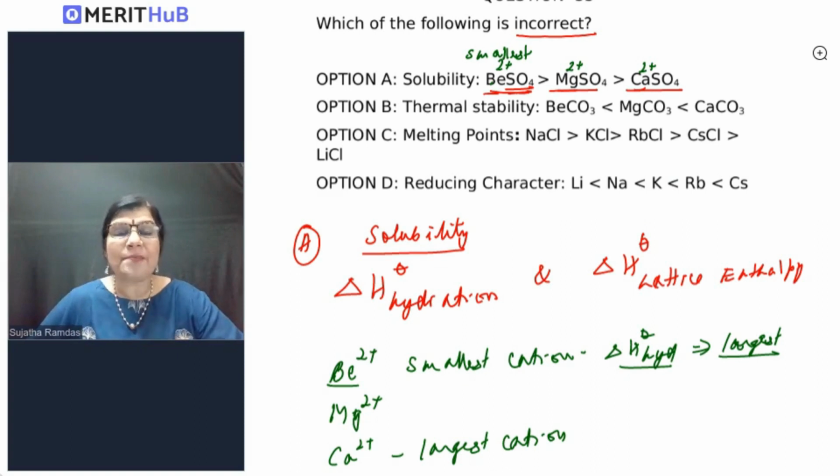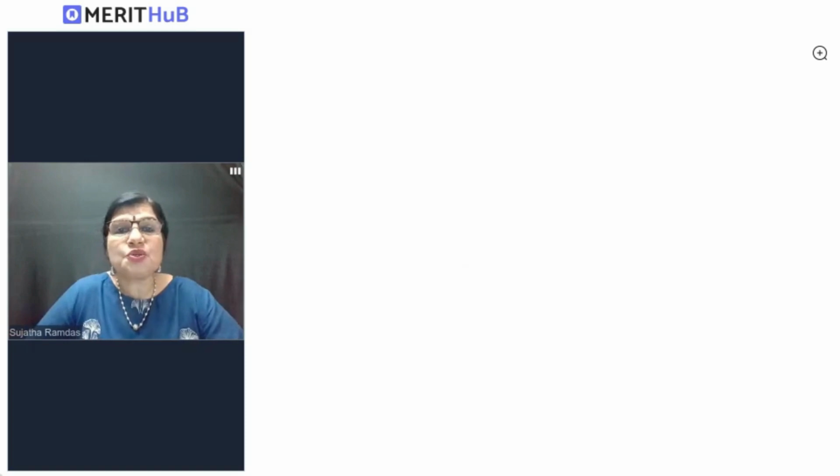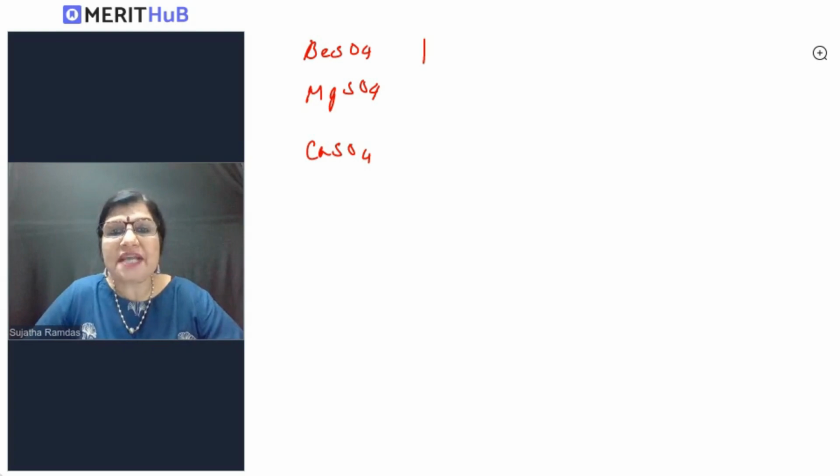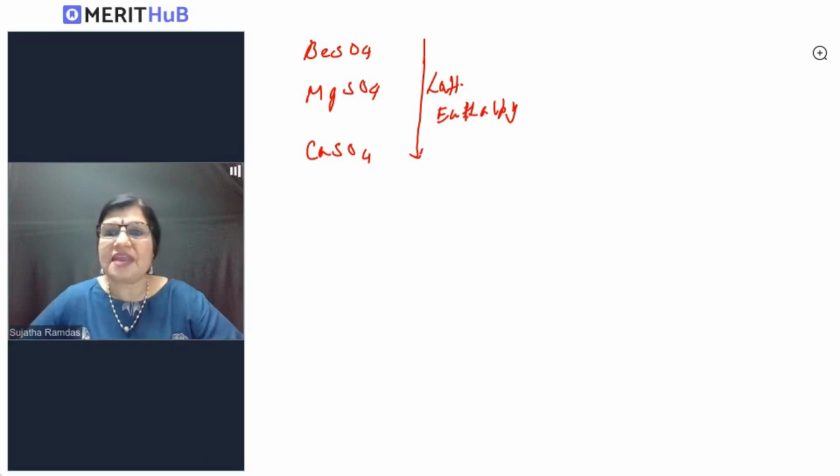As you move from beryllium sulfate to magnesium sulfate to calcium sulfate, the hydration enthalpy is found to decrease, while the lattice enthalpy increases from beryllium sulfate to calcium sulfate.